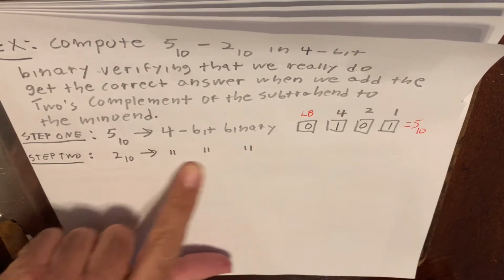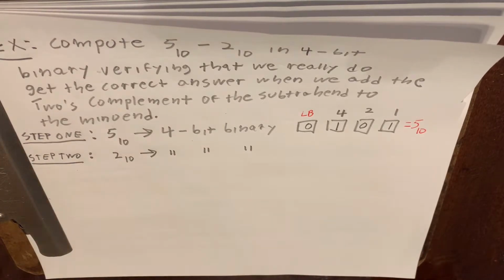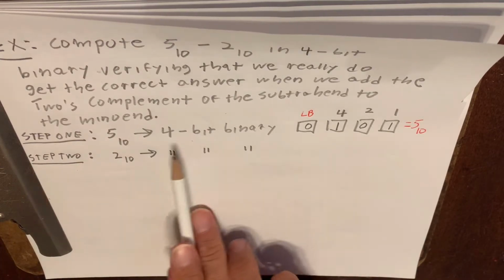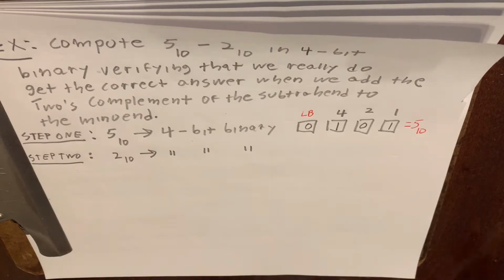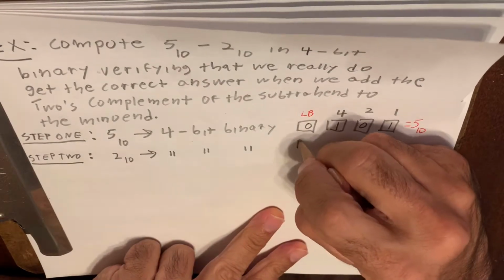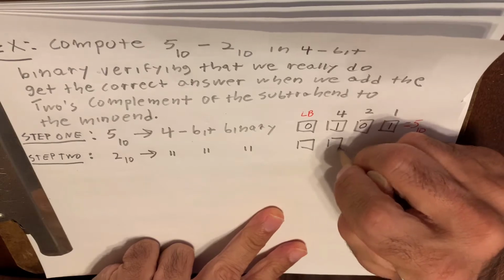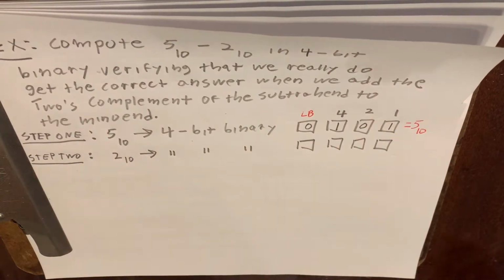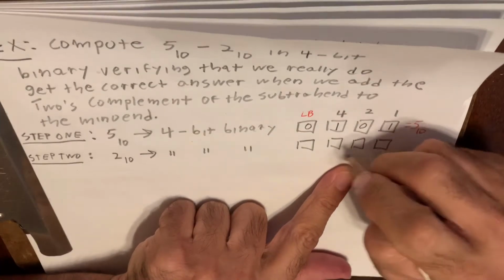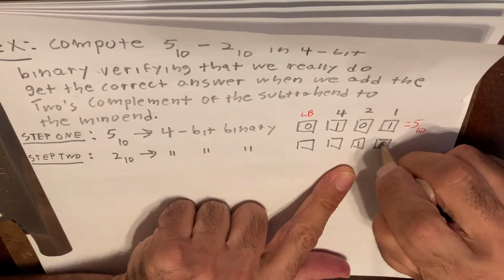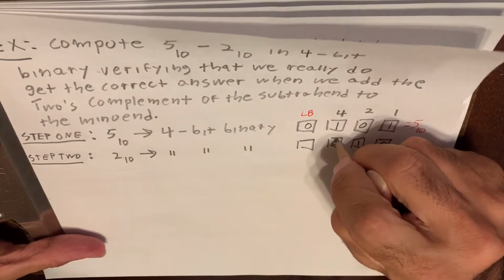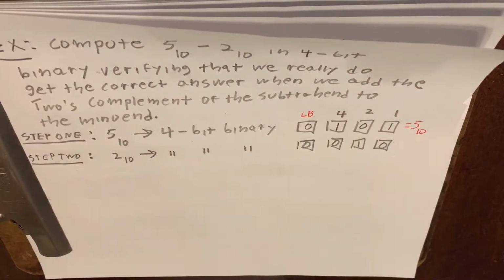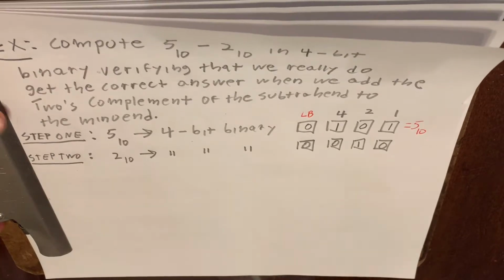They look like quotation marks, but they're actually called ditto marks. I don't want to write 4-bit binary again, so I just do that. Now again, I'm going to put these little squares here to represent each bit, to remind myself that we are in exactly 4-bit binary. So the 2 is just 1, 0, and I'll put zeros in the remaining bits. And so that's step 2.